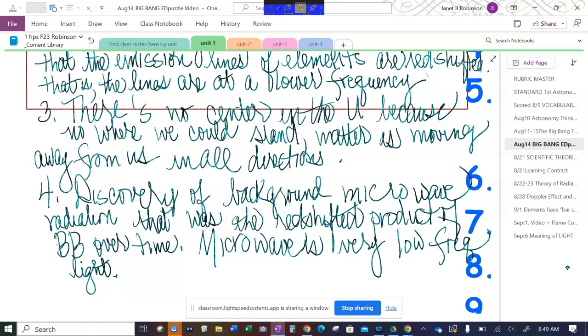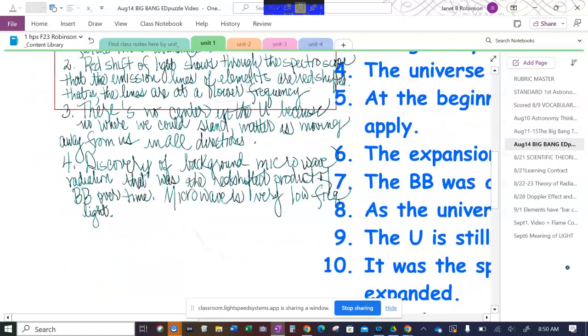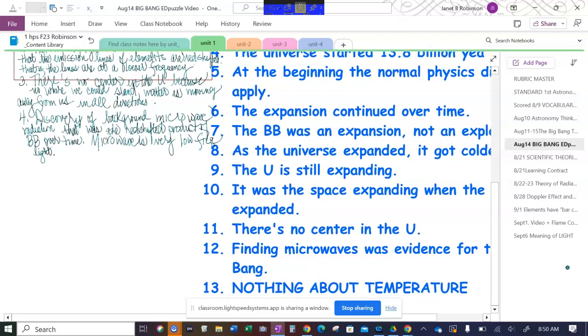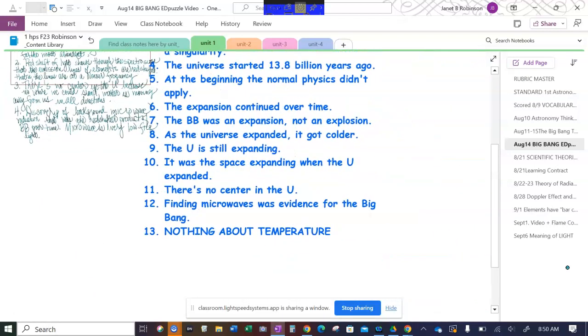So when this was discovered in either the 1920s or the 1930s, I think, this really cemented the Big Bang Theory as highly probable. All right, so it wasn't an explosion as much as an expansion, all right?